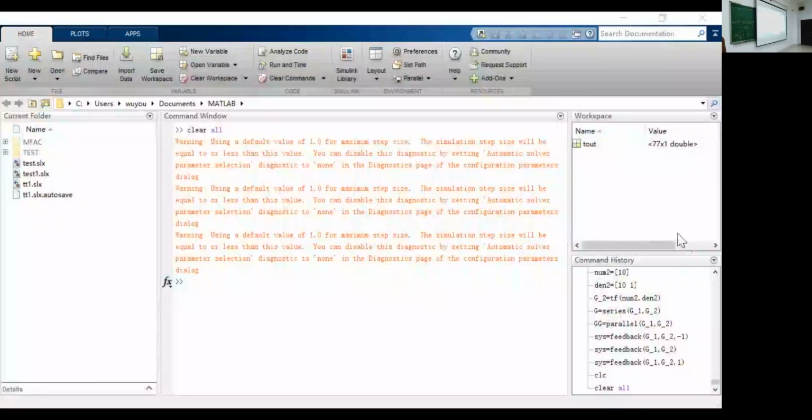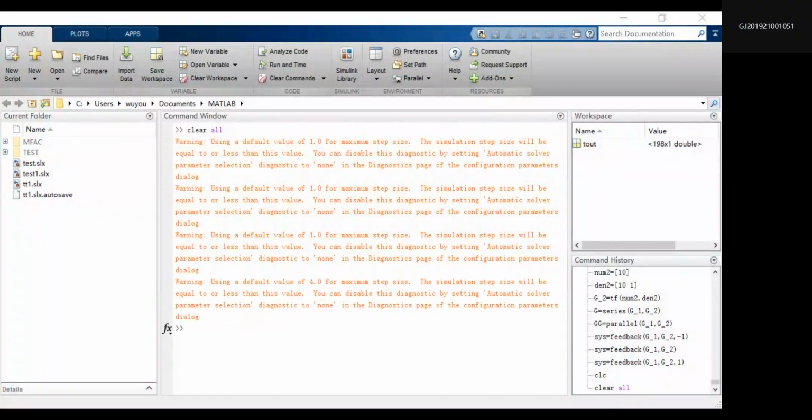So maybe we can change the simulation time to a longer time here, maybe 20 seconds, 200 seconds, to see.